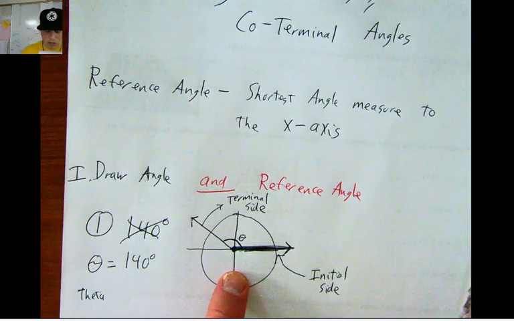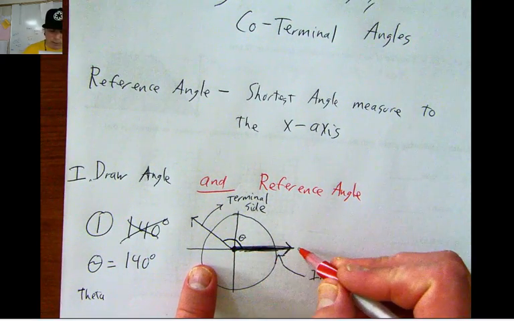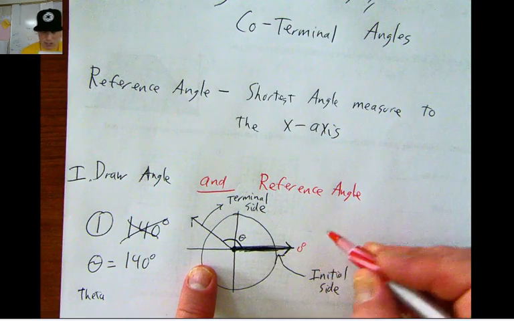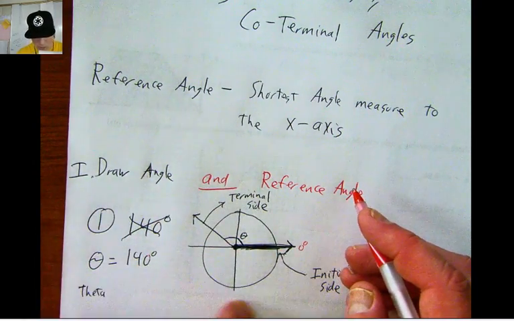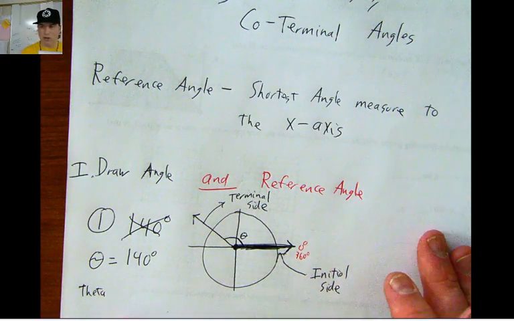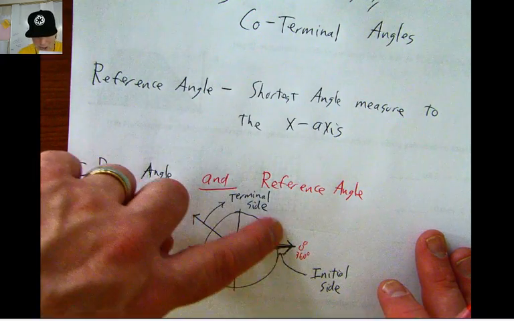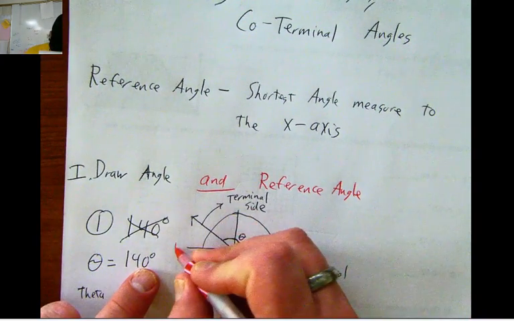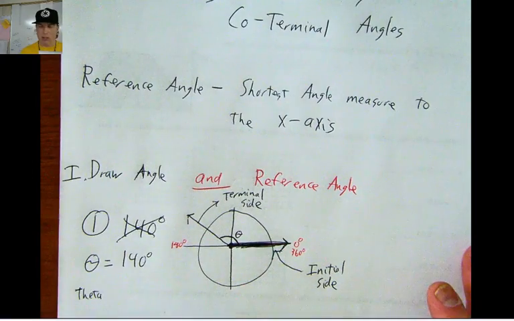Well, if this represents 0 degrees and you traveled all the way around the circle, that would put you at 360 degrees. So if you only went halfway around the circle, that'd put you at 180 degrees.